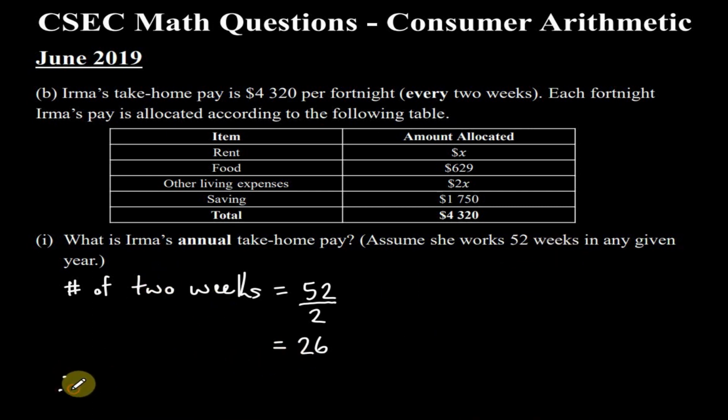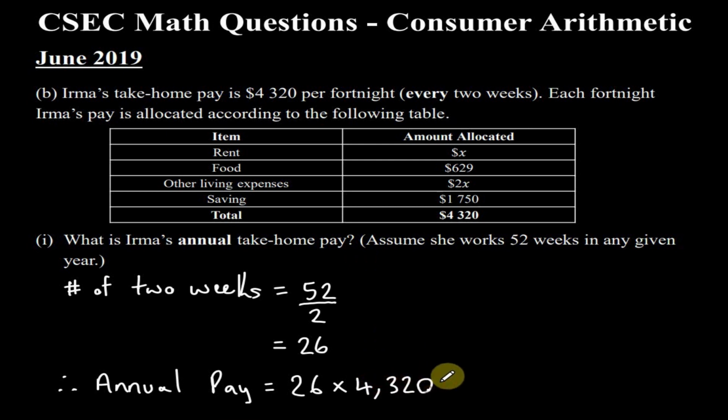Therefore, we know her annual take-home pay, let me call it annual pay, would be equal to, she'll be paid for 26 fortnights over the 52 weeks, and for each fortnight she'll be getting $4,320.